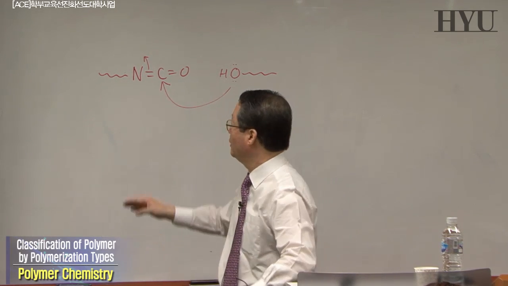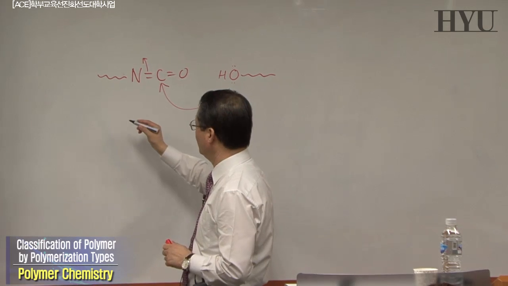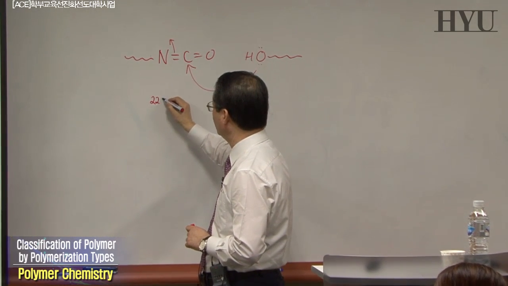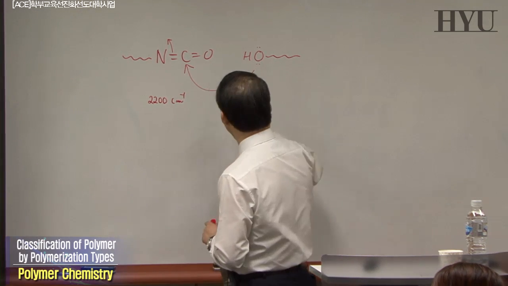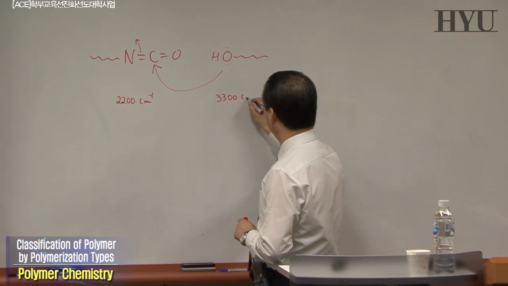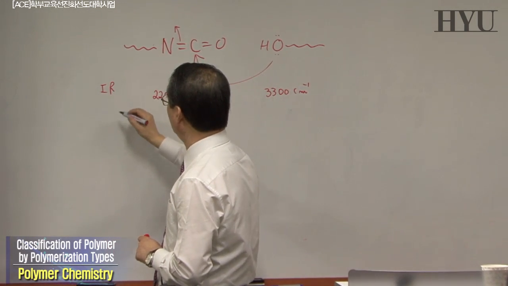This isocyanate typically appears in your IR spectrum at around 2200 reciprocal centimeter. Hydroxyl appears around 3300 reciprocal centimeter in your IR spectrum.